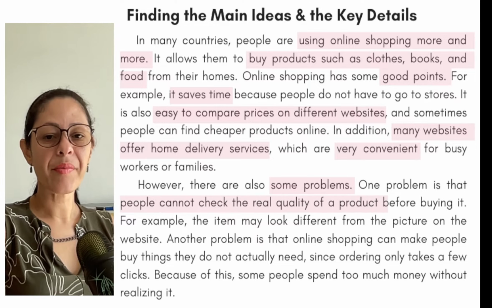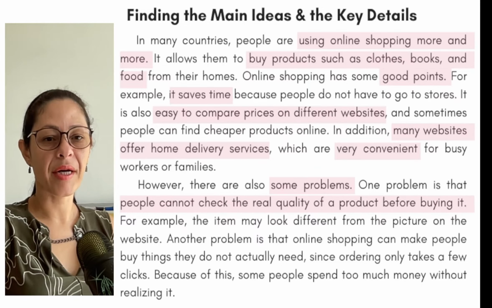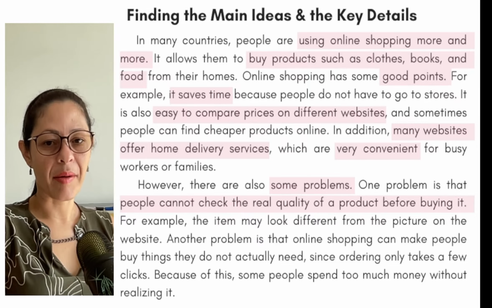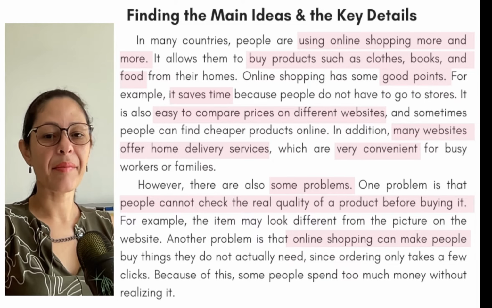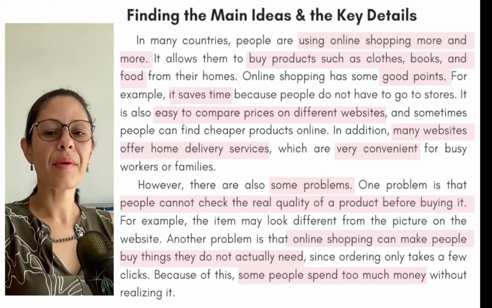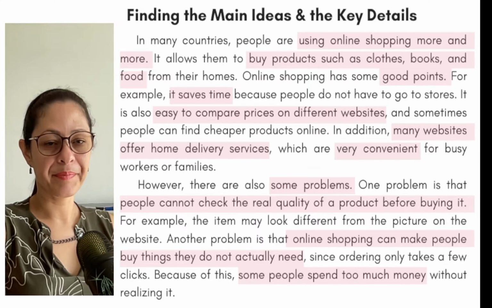The first thing, people cannot check the real quality of products before buying it. This is an issue. What's the next problem? Online shopping can make people buy things they do not actually need. This is another issue. And because of this, as a consequence, some people might spend too much money.